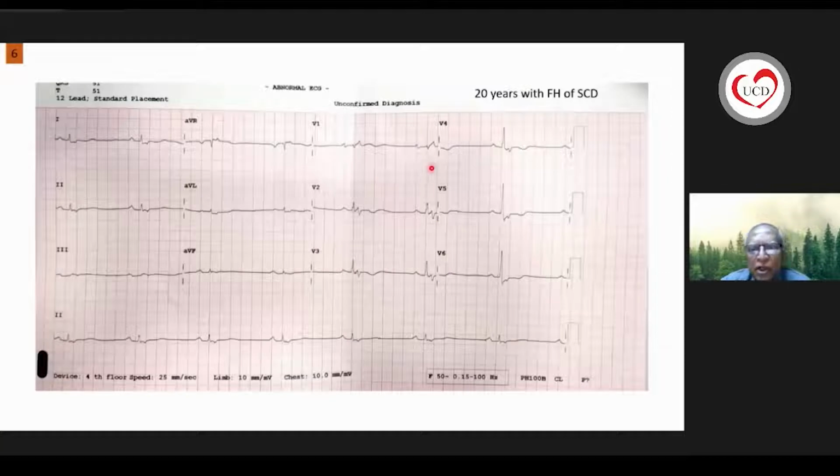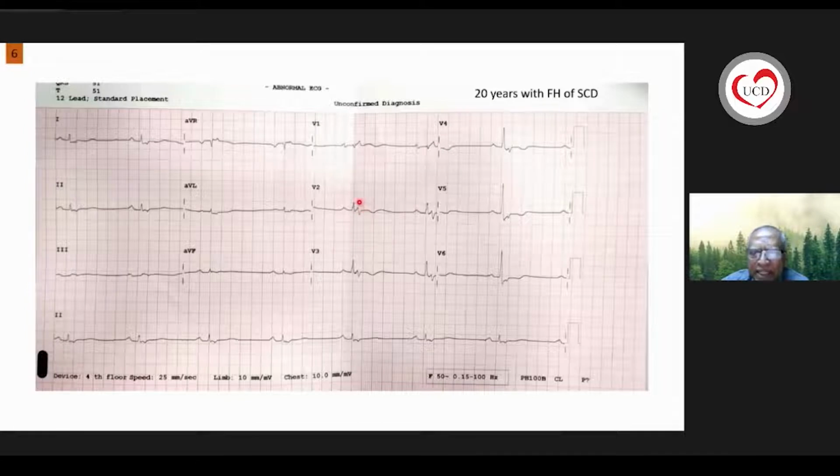Third is not all right bundle branch block are always related to conduction system disease. The clue is the amount of delay and slurring that you see in R prime. As I told you, the second half of the QRS, which is the R prime, is a delayed activation of the right bundle.